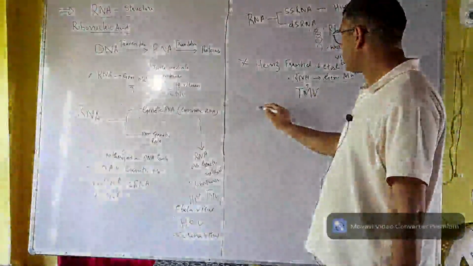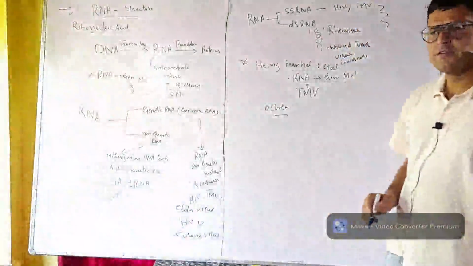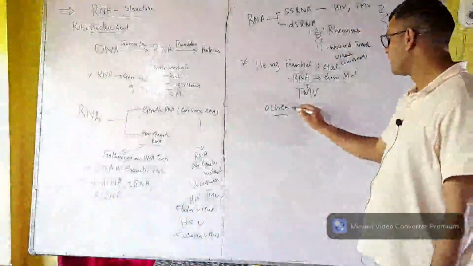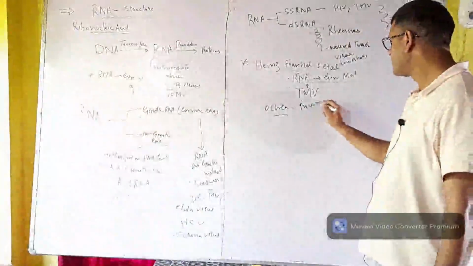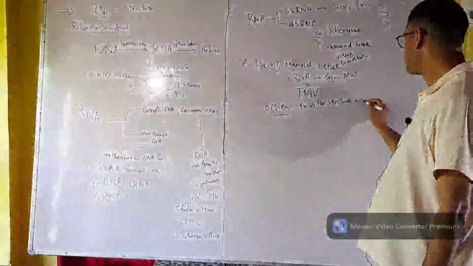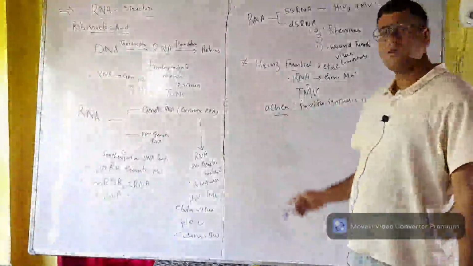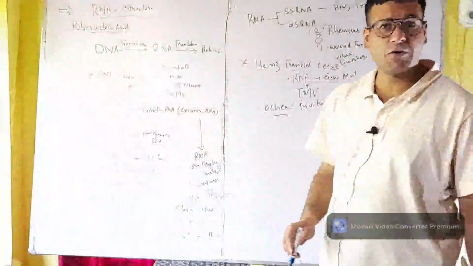Then we have Occhio, this scientist, who for the first time achieved in vitro synthesis of RNA. What does it mean? It means that Occhio synthesized RNA under laboratory conditions.